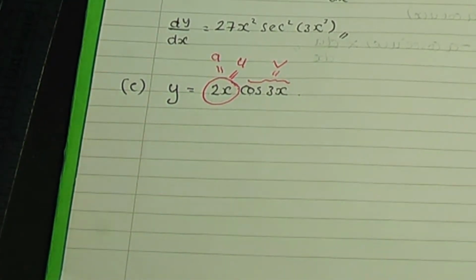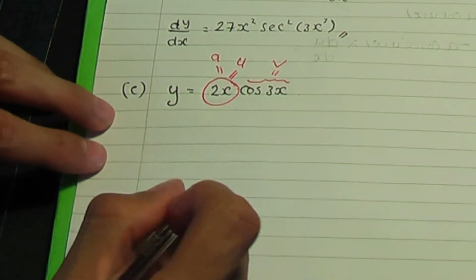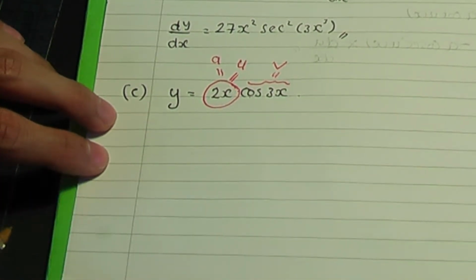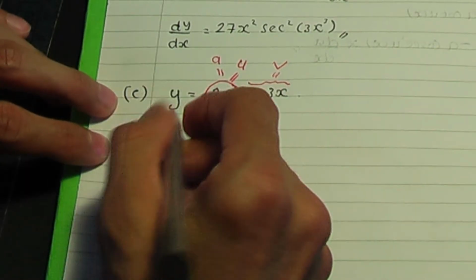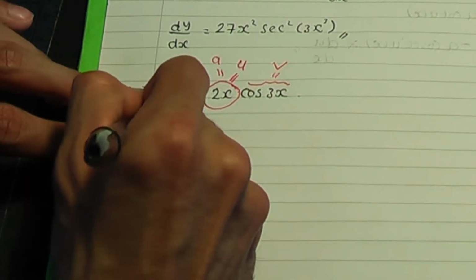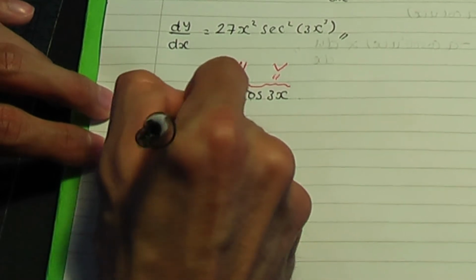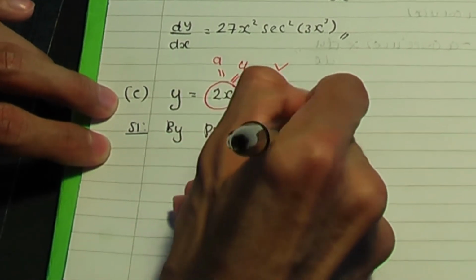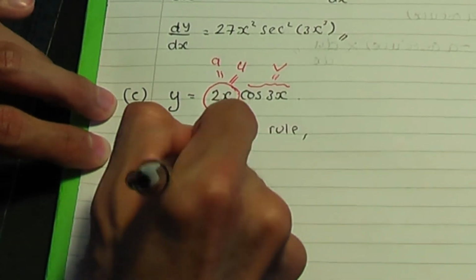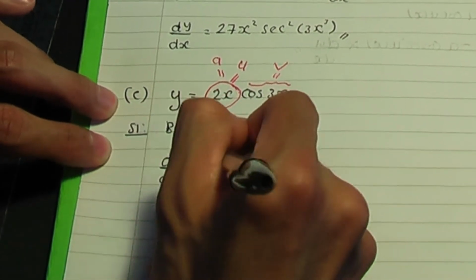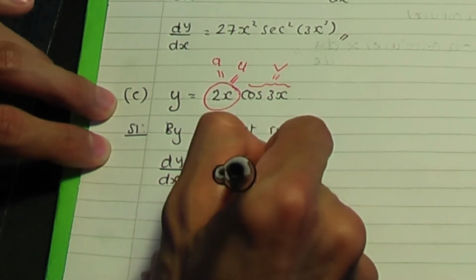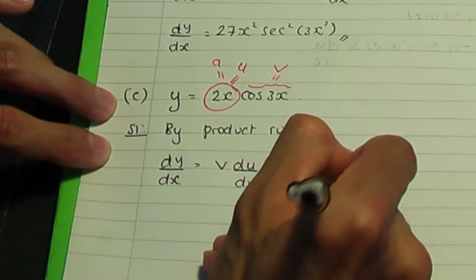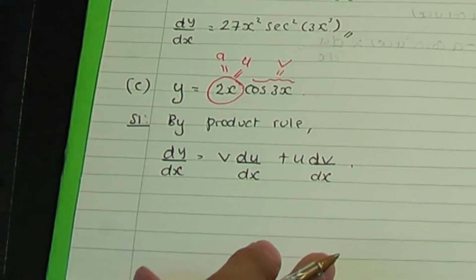Let's remind ourselves of the product rule. I explained product and quotient in previous videos. In this case, step number 1, let's state the product rule. By product rule, remember the rule, dy by dx is v du over dx plus u dv over dx. So that's the product rule.